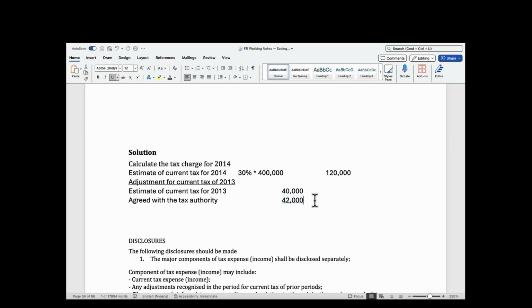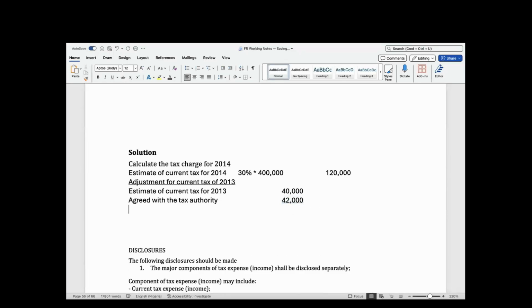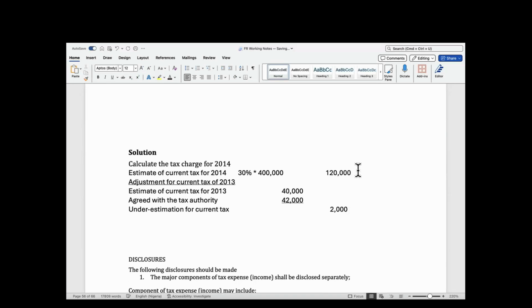So ultimately, we have an underestimation for current tax of 2,000, which of course will be added to the tax for 2014.